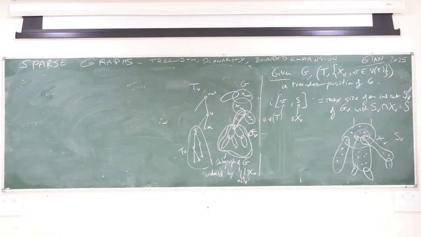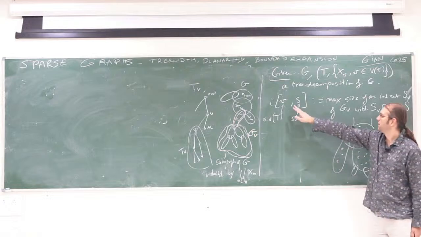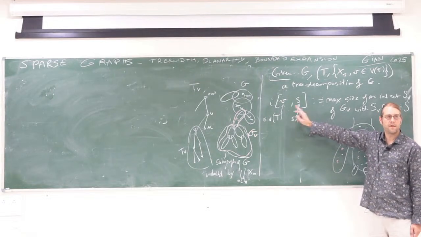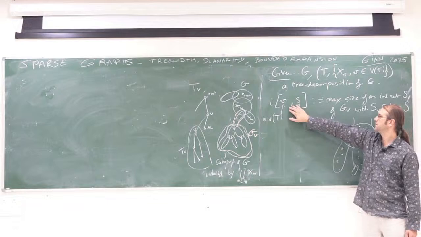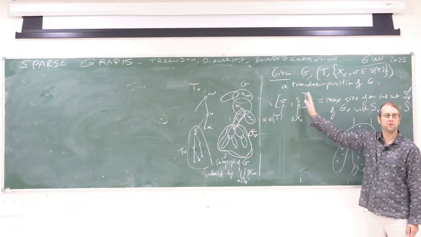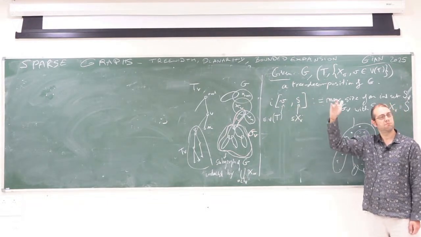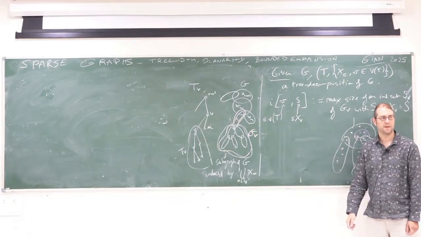My goal is to find the maximum independent set of G. Like before in the tree, I'm fixing the node V. My final goal is to find this for the root. If you know these functions for every subset of the root, you just take the biggest one.